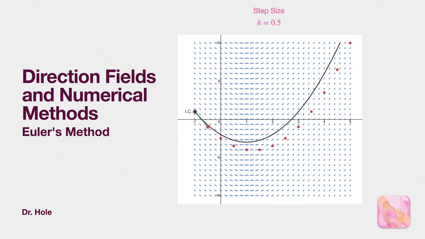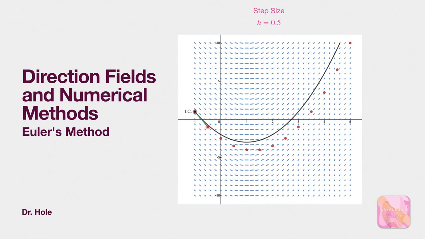Here we have multiple red dots produced. Now, to produce a red dot, you need an x coordinate and a y coordinate. The method which we use to produce the red dots is termed Euler's method. Let's make an observation. Stringing together the red dots produces a pretty good approximation to the exact solution. Now, there are differences, but in terms of the overall shape, it's quite good.